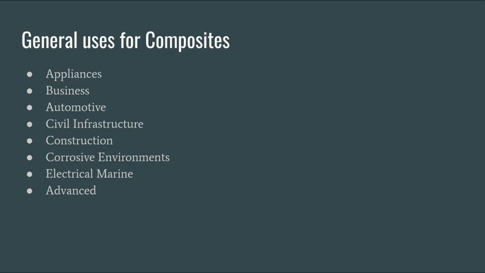Construction, corrosive environments use composites, in electrical, marine, and there's some advanced technology that now is coming into the world that is made solely from composites or that is a composite. And I'll go over that.